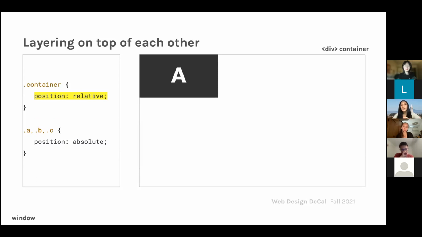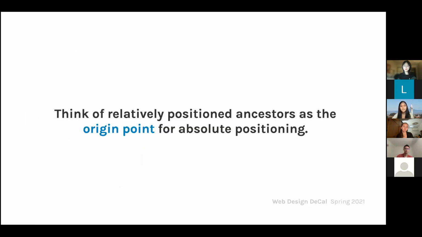So they'll all be positioned to the top left, because that's the default place within that container. You can see there's that 0 axis and all of them are positioned absolutely, so they all fall there. You can think of the relatively positioned ancestors as the origin point for absolute positioning. This goes hand in hand with the normal flow place as the origin point for relative positioning.